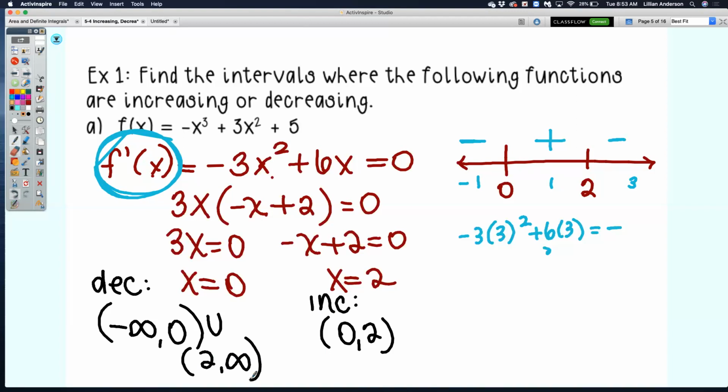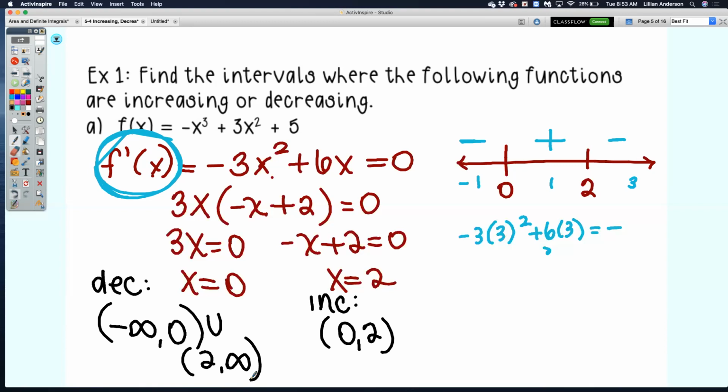And that's how you can use derivatives to find the intervals where your function is increasing or decreasing. We take the first derivative, we set it equal to 0. We solve to find our x values, which are called our critical points.